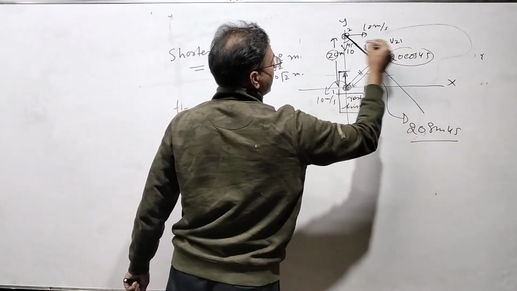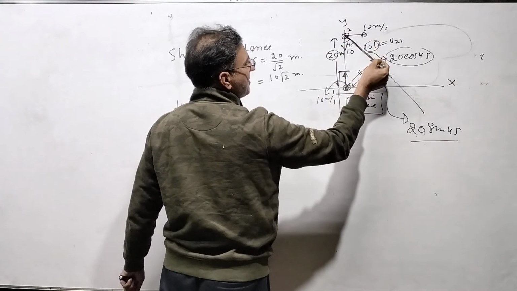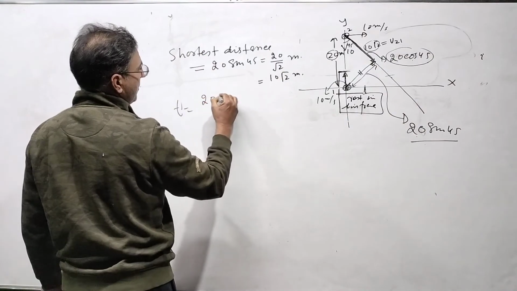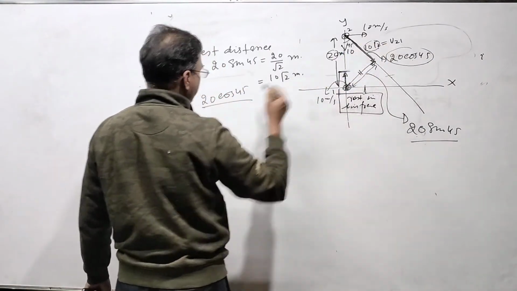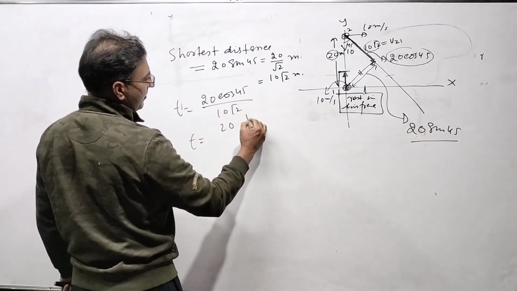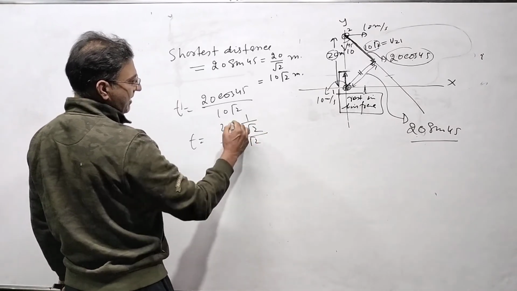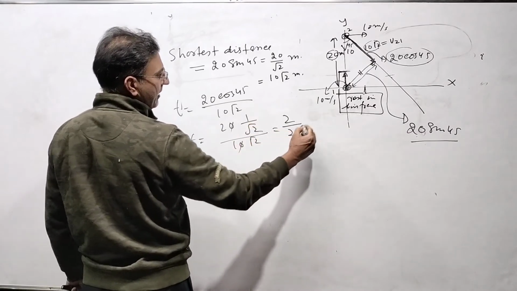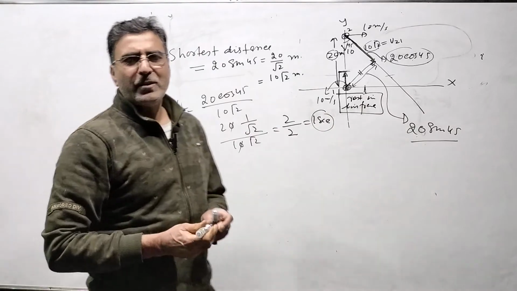Because it is a constant velocity, the resultant of these two, this distance is 20 cos 45, divided by the velocity, that is 10 root 2. So t is equal to 20 times 1 by root 2 divided by 10 root 2. This cancels off, it is 2 here, root 2 into root 2 means 2 again. 1 second, answer.